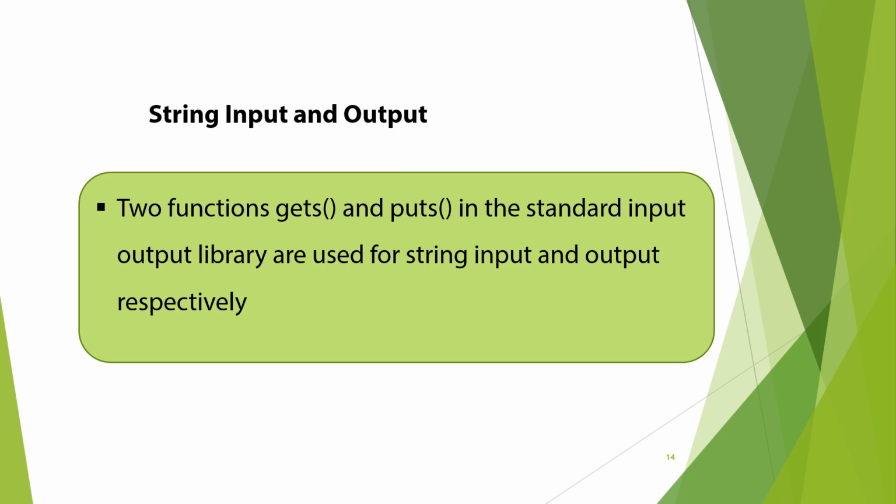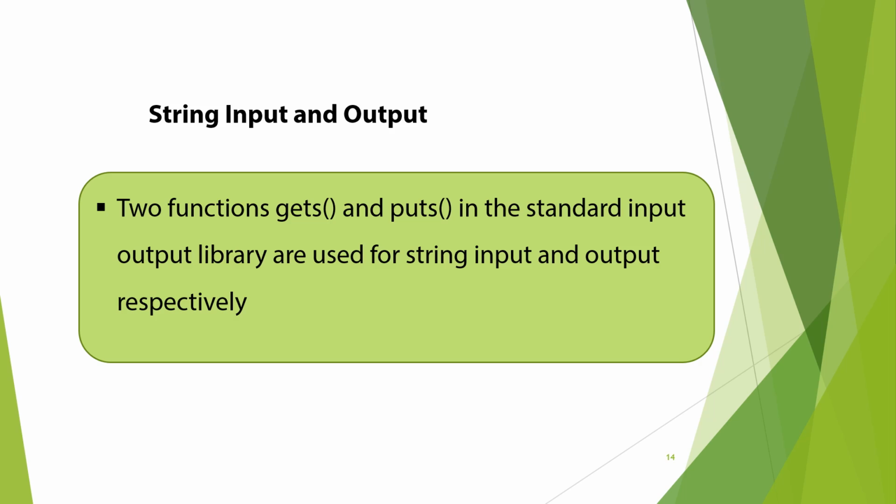We have just seen the functions which are useful to read and write a single character. Now we will see two more functions which are useful for reading and writing a string.